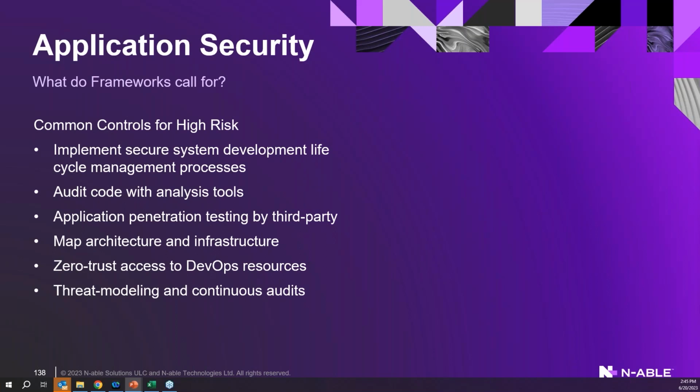Map the architecture and the infrastructure that's going to support it. Implementing zero trust access to your DevOps resources, so that whenever somebody is going to access the code repository, there are proper controls there to keep that secure. And threat modeling and continuous audits.